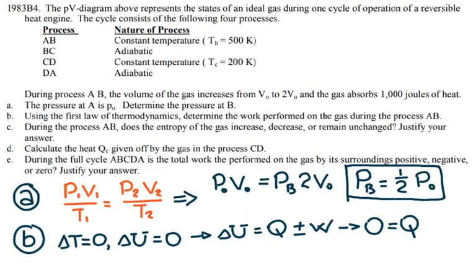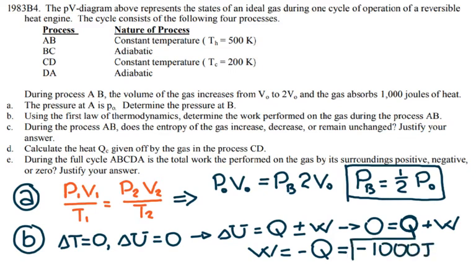So that is going to be plus the work, but then the work is equal to negative Q because the work is done negative and equals negative 1000 joules. Because Q added to the system is 1000, so that gives me negative 1000 joules.